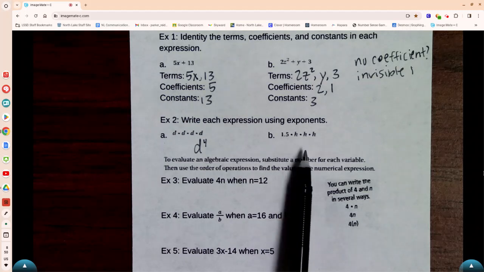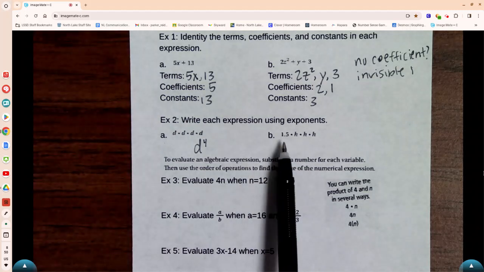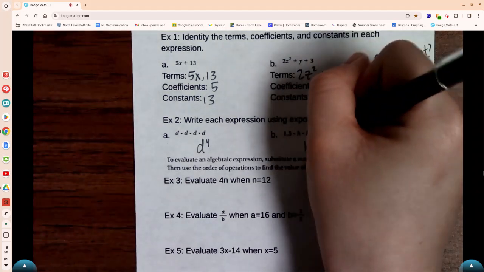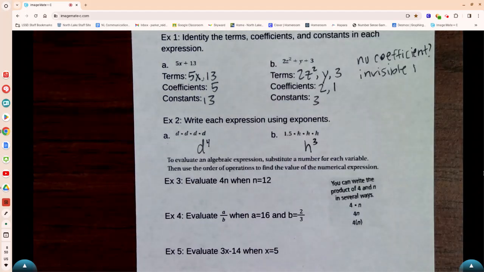What about this one? I know there's a 1.5 in front, but let's ignore that for now. How about the h times h part? How would I rewrite that piece? Dash? H to the power 3. Now remember, if a number is right in front of a variable, touching it, with no symbol, it means they're multiplied.